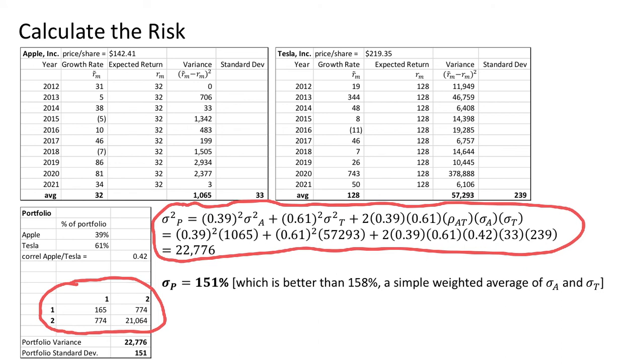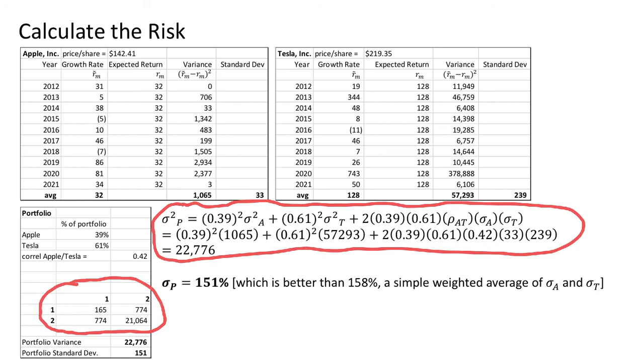The 2x2 matrix includes the numbers 165, 774, 774, and 21,064. First, you need to know that along the main diagonal, that is from the upper left to the bottom right, the numbers 165 and 21,064 capture variances for the individual stocks, Apple and Tesla.